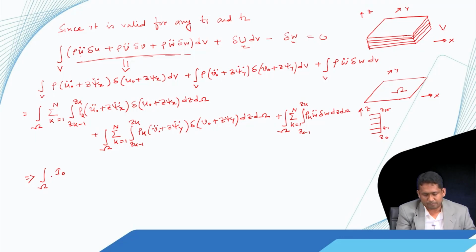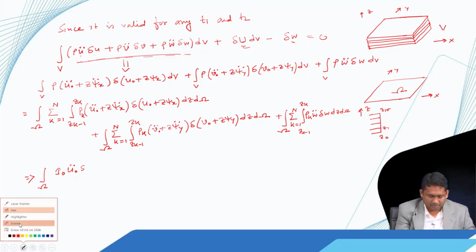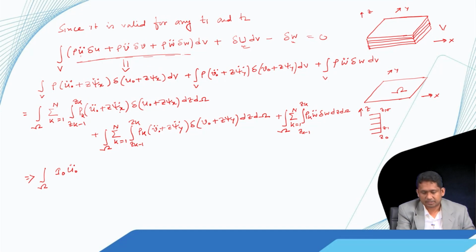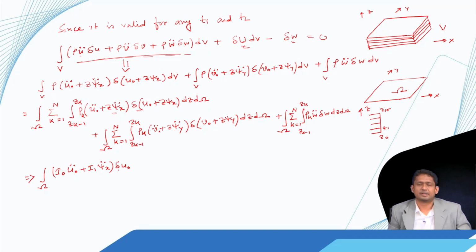So, we get I0 into u0 double dot into delta of u0. And then if I multiply rho k into z into psi x double dot with delta of u0 and integrate, we get I1 into psi x double dot, and both the terms have delta u0 in common.